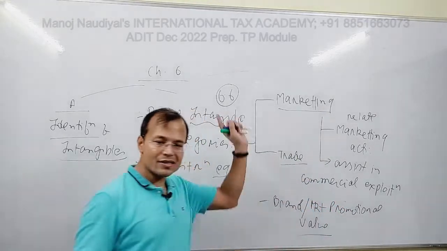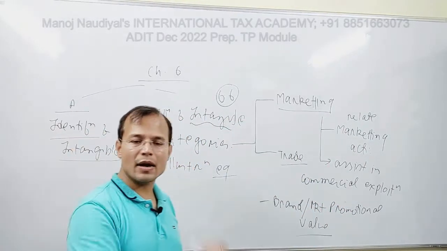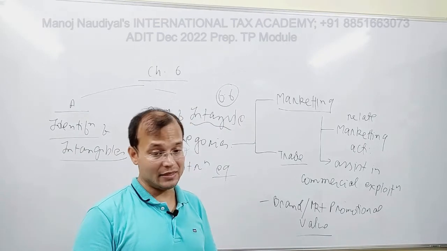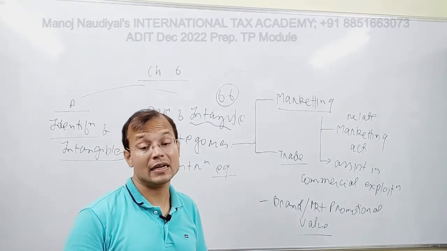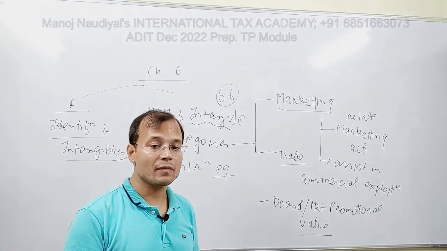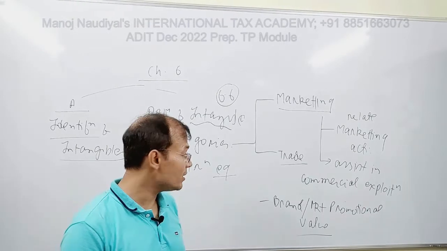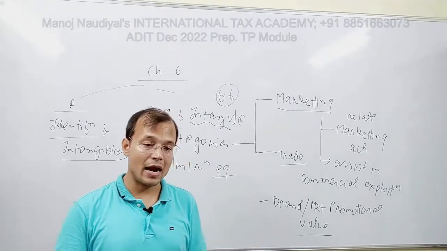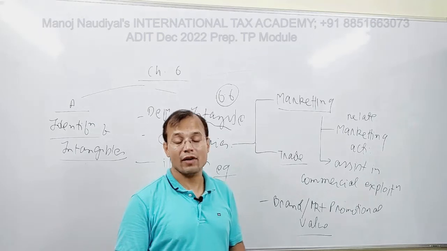Fine. So these three are the ingredients of a marketing intangible. A marketing intangible is an intangible that relates to marketing activities, aids in the commercial exploitation of the product concerned, and has important brand or market promotional value.